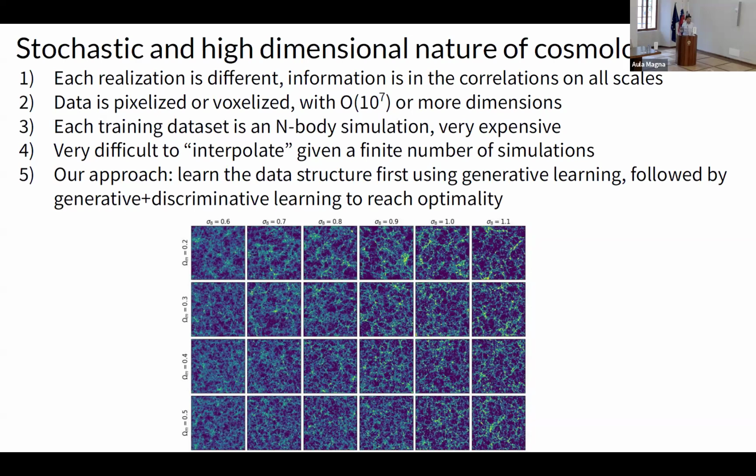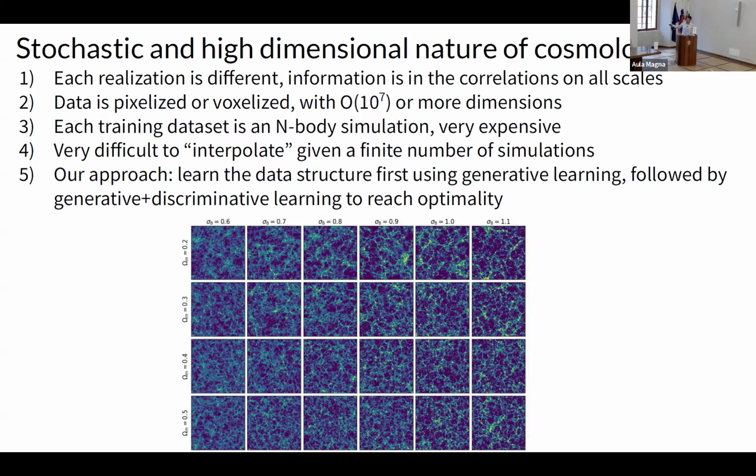Depending on the type of data you have, they could also be very high dimensional. If you have pixelized or voxelized data, for two-dimensional maps, it's not unusual to have millions of pixels. For three-dimensional maps, it's not unusual to have tens of millions or even billions. So the training is also very expensive because we need to run N-body simulations to generate them.